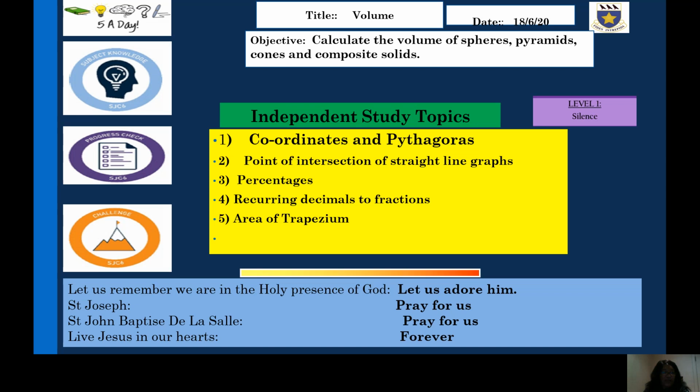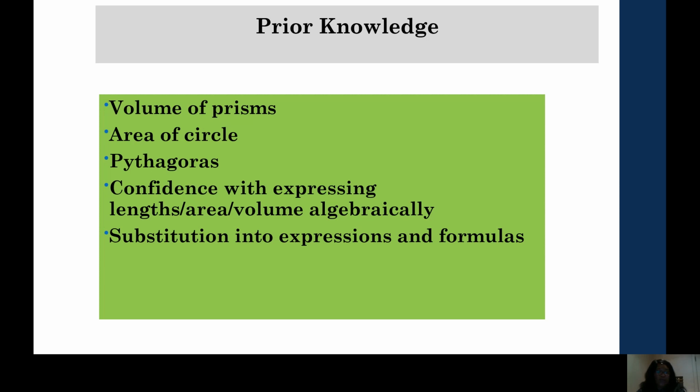So for this lesson on volume, we will need to check again some skills that you should know before we start the topic. We should be able to find the volume of prisms, area of circles, and apply Pythagoras to find missing sides of a right-angled triangle.